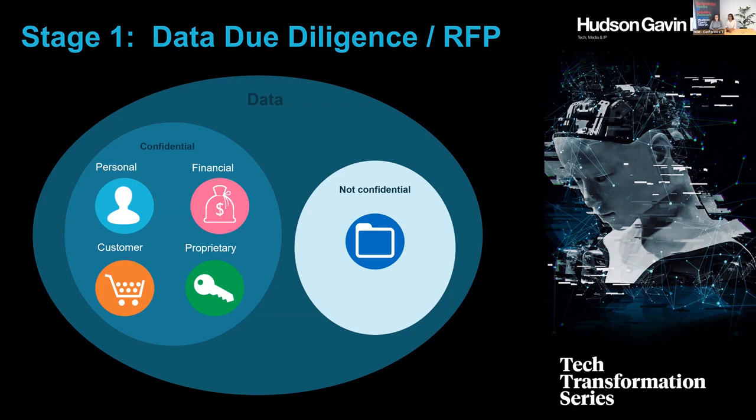It could be financial information that you are dealing with in the project. It could be customer information. It could be business or proprietary information such as trade secrets. And finally, it could be personal information that will be involved. Now, regardless of the category of data, it's important to understand that each of them will come with their own set of obligations, whether those obligations are contractual or they are as a result of law.